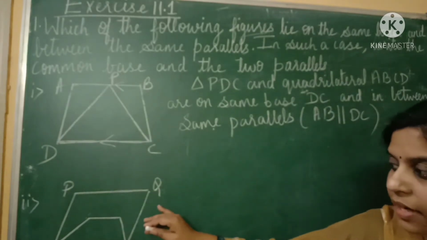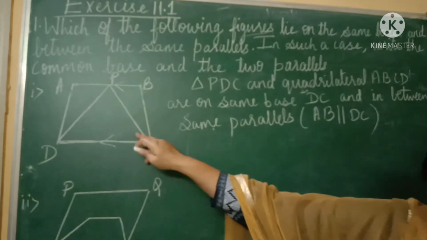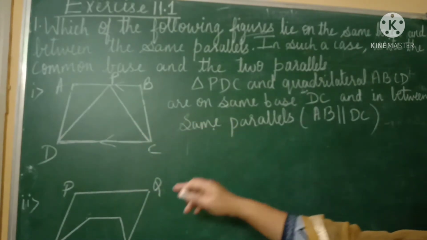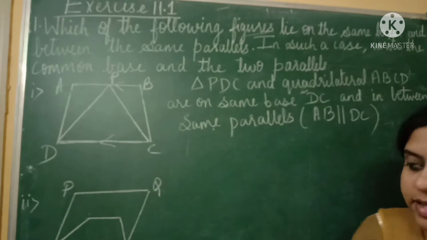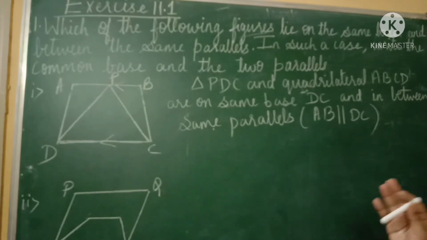See here, again we have quadrilaterals. Here we had a triangle and a quadrilateral, but here we have two quadrilaterals, that is, they both are four-sided figures only. Let us see whether they have the same base and they are in between the same parallels.